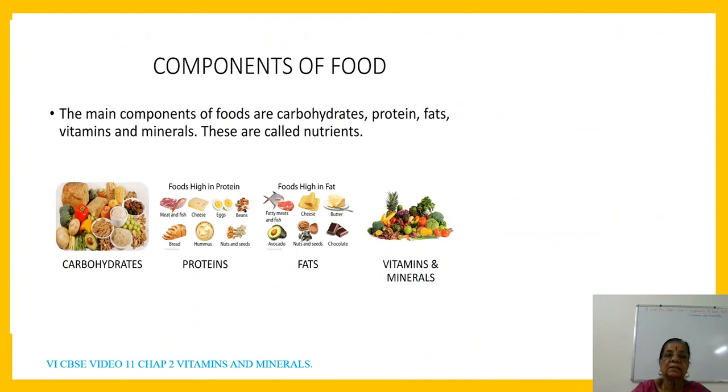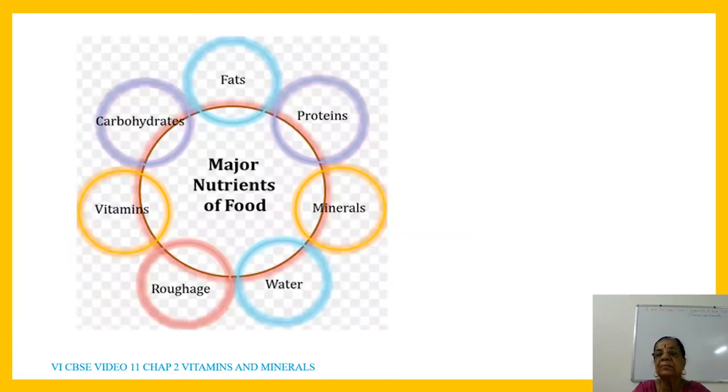The next one is again components of food. I am just recollecting. The main components of food are carbohydrate, protein, fats, vitamins, and minerals. These are called nutrients. I am not going to do in detail the picture examples of carbohydrate, protein, fat, vitamins and minerals.